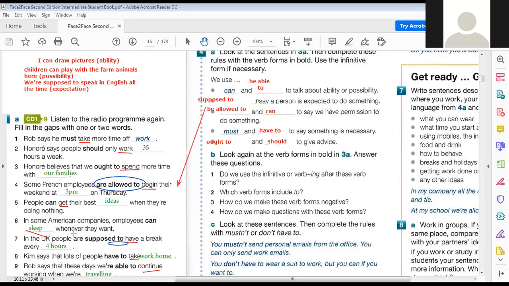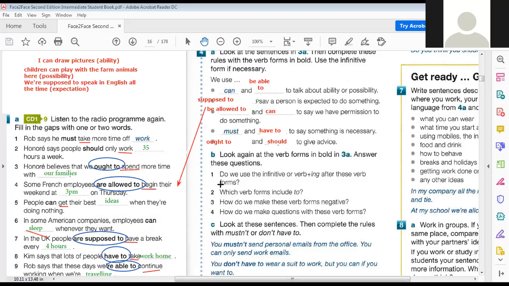Most of them are supposed to, have to, also has to, and ought to. But must, should, can, don't have to, right? Okay. Now the question is how to make it into negative.